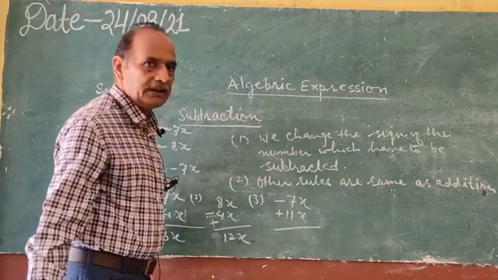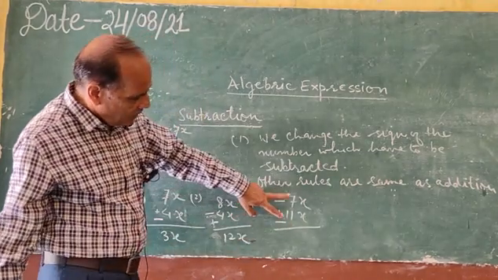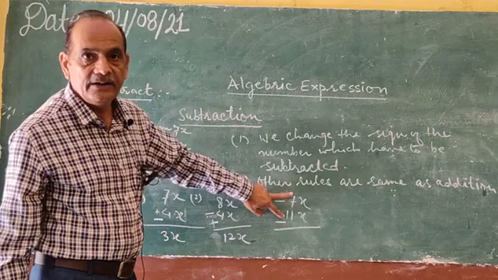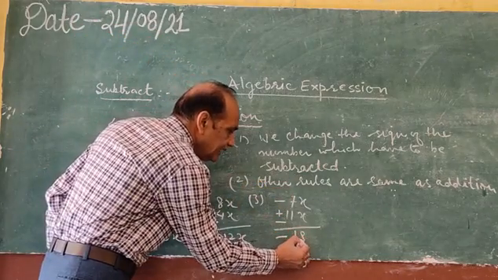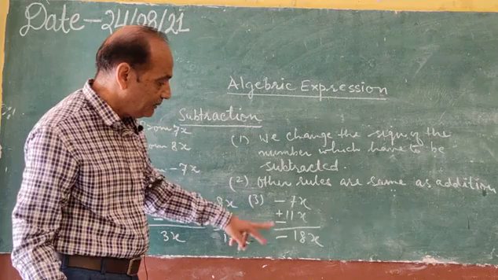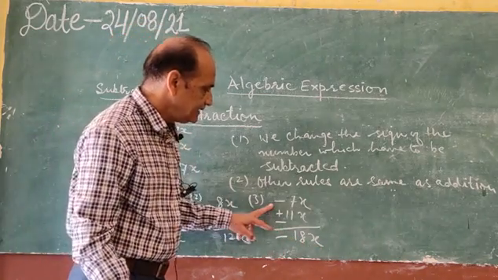It is plus, so we will change it into minus. Now two numbers are of same sign, so they will be added, not subtracted. They will be added, and 18x is the answer, and it will be minus because the sign of the numbers is same. The sign in the answer is same.